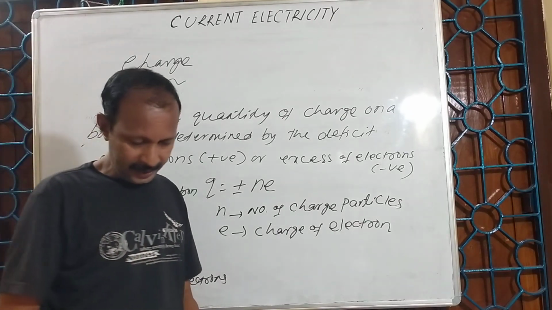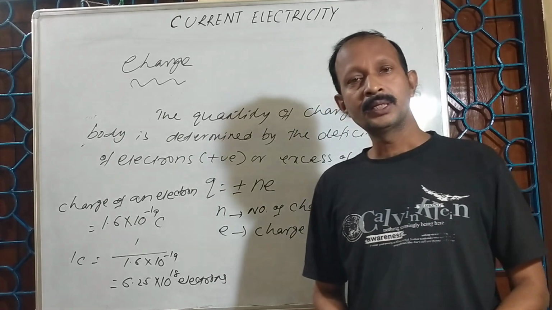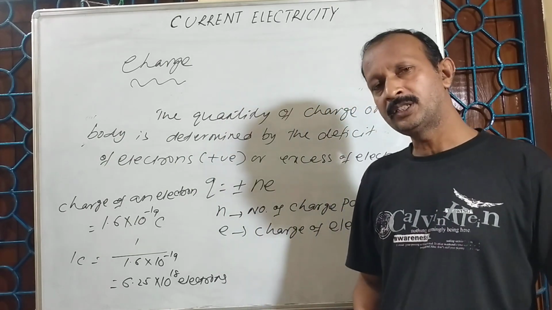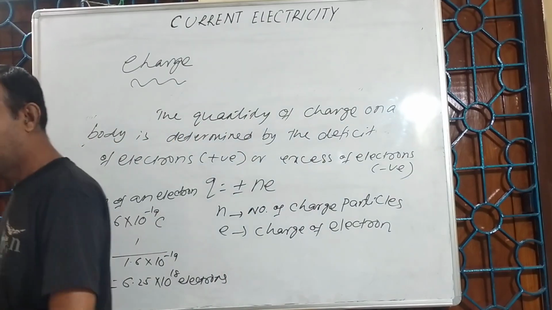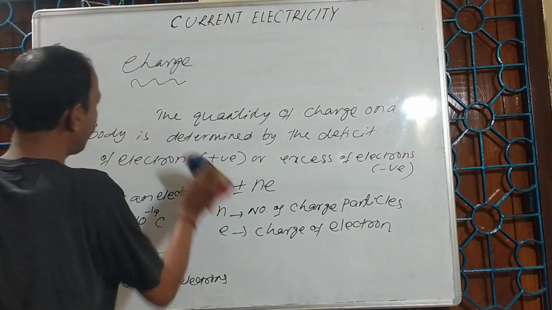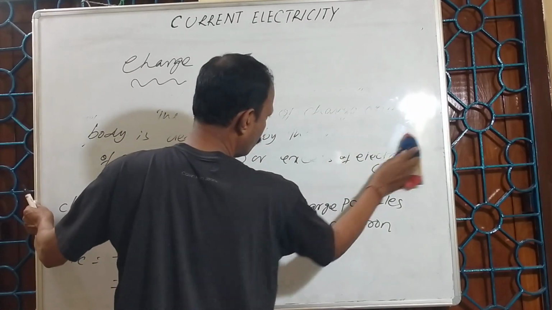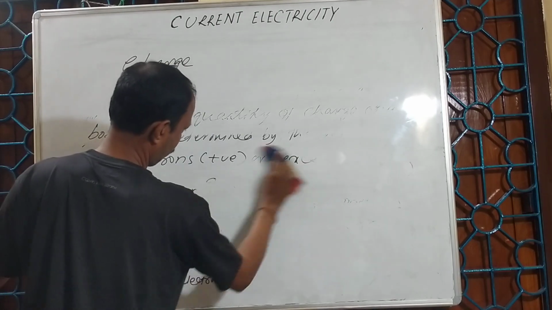So let us discuss the characteristic properties of the charged particle. Already I have mentioned there are two types of charges. One is positive charge, whereas another is negative charge.